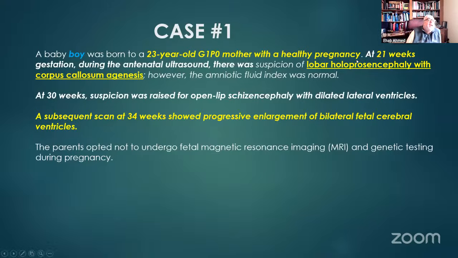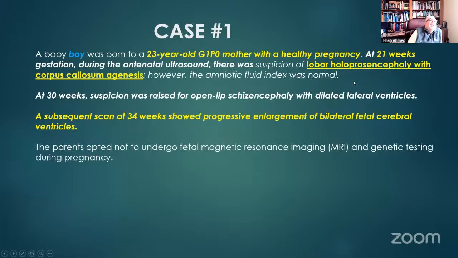At this age, ultrasound was not very sure of the diagnosis, but they were suspecting lobar holoprosencephaly, meaning some dilatation in the ventricular system. They thought the two hemispheres did not divide well, and also suspected corpus callosum agenesis, and the corpus callosum is a midline structure.